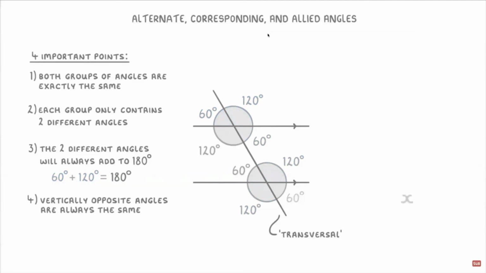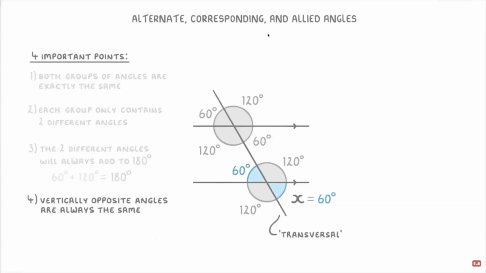For example, if we had to find this angle here, marked x, we'd be able to tell that it's 60 degrees, either because it's opposite this 60 degree angle, and we know that vertically opposite angles are always equal, or because we know that it has to add to this 120 degrees to make 180.